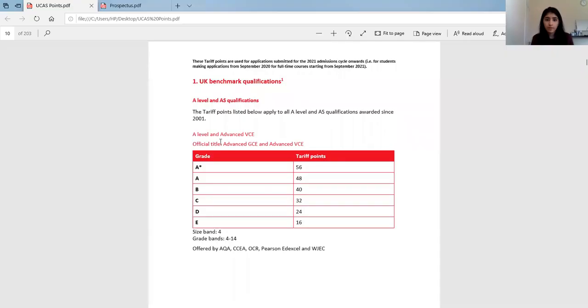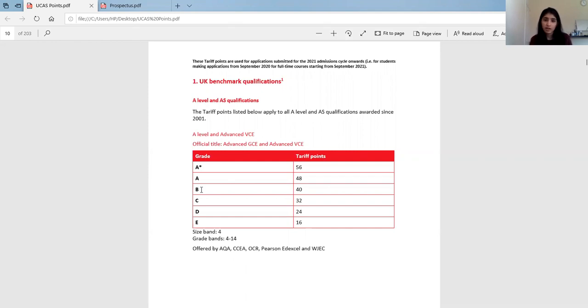Another thing is that some prospectuses may not use entry requirements, and instead they might use something called UCAS points. So I'm just going to share my screen again to show you a bit about UCAS points. So basically each qualification you get is equivalent to UCAS points.